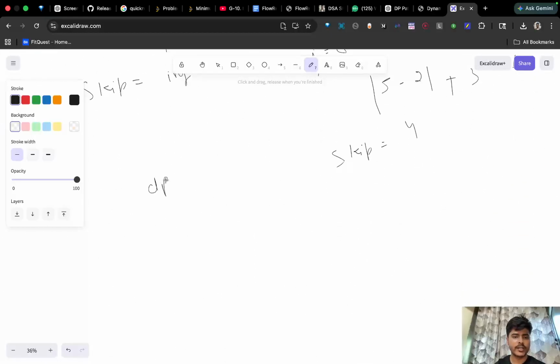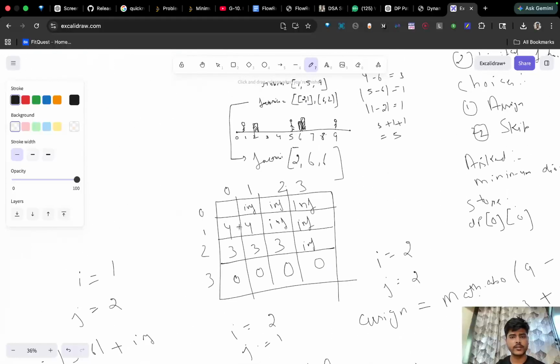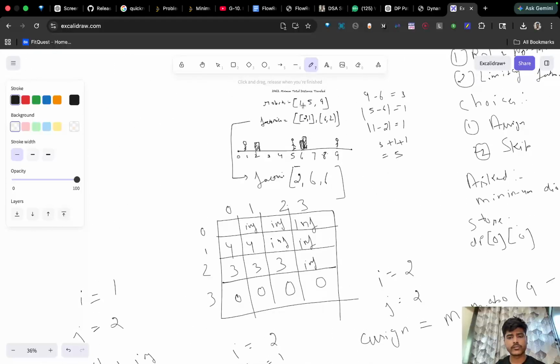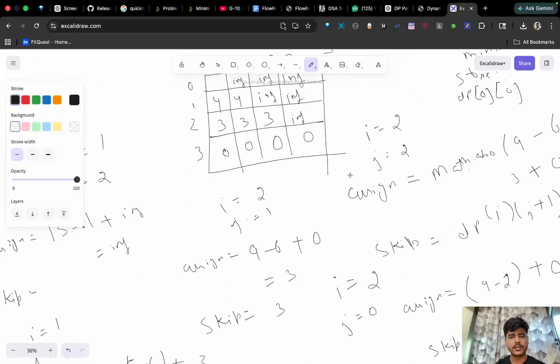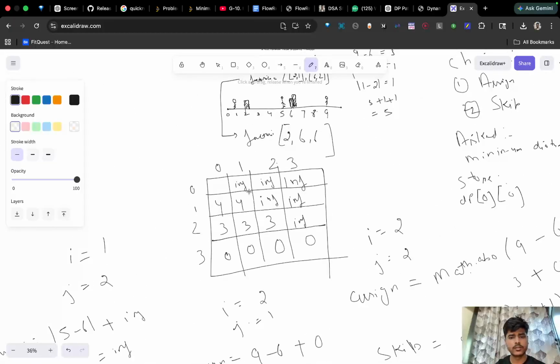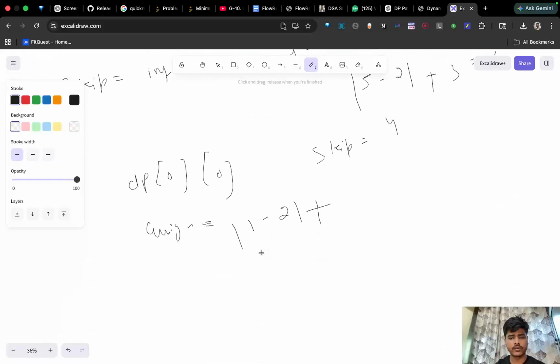So if I try to write dp00, for that the assign is going to be, if I assign my 0th robot to the 0th factory, that is the difference of these two, 1 minus 2, plus the total answer so far from the future, that is 1 1, which is 4, so the answer is 5 here.